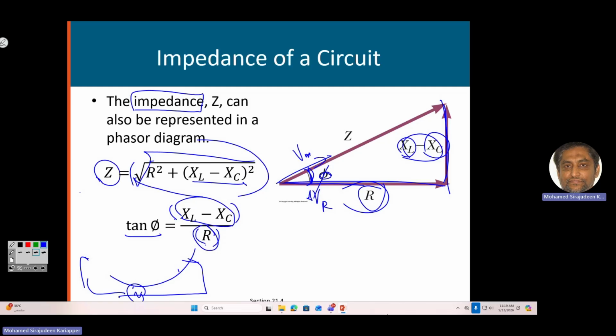Before we had the other equation, in terms of the voltages. They are both correct. Both of them give the angle phi.